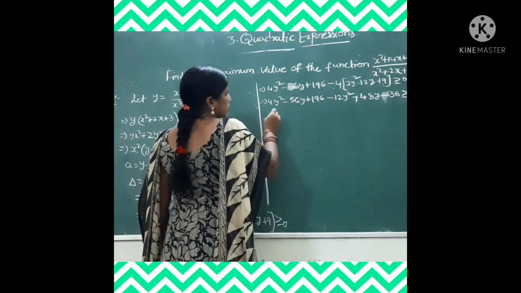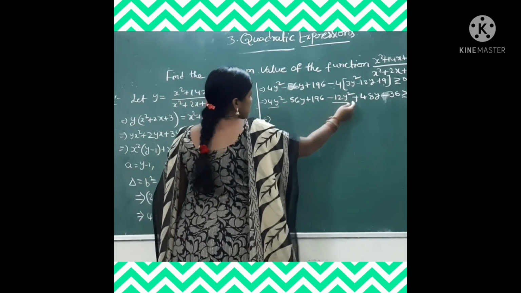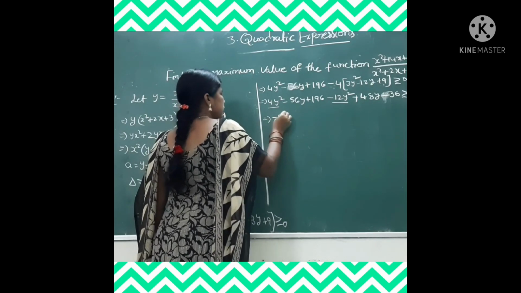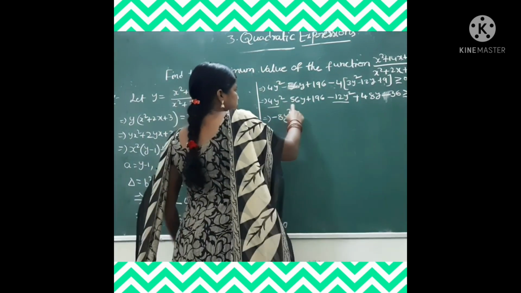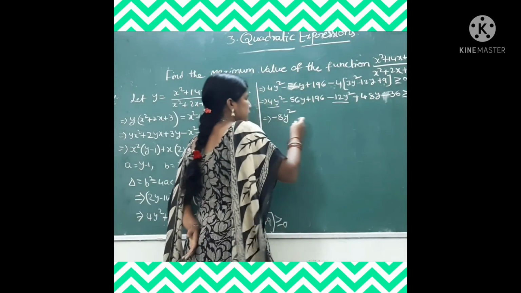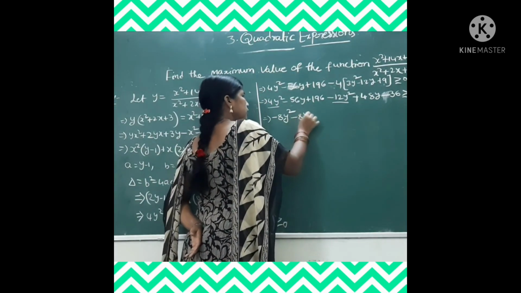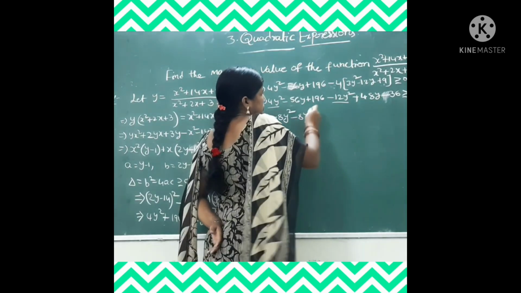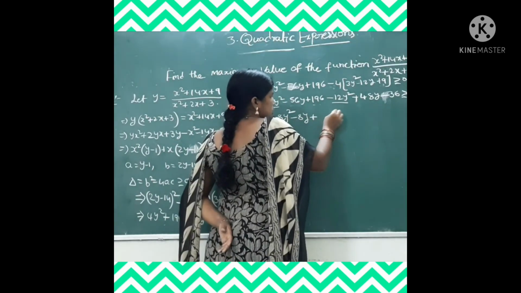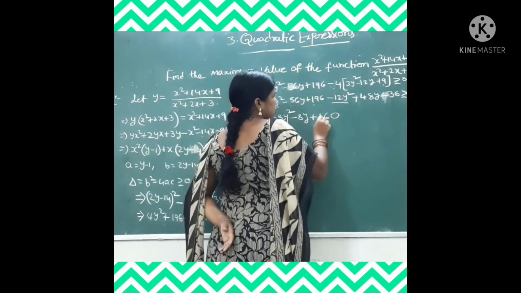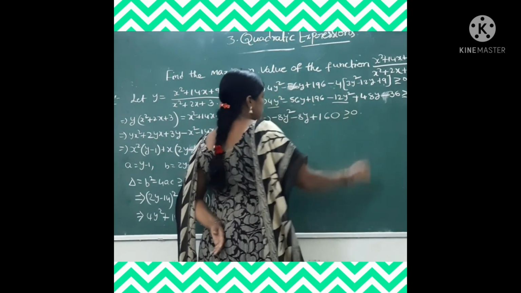Now here 4y square and 12y square we get minus 8y square, and minus 56y plus 48y again gives minus 8y, plus here 196 minus 36 is 160, greater than or equal to 0.